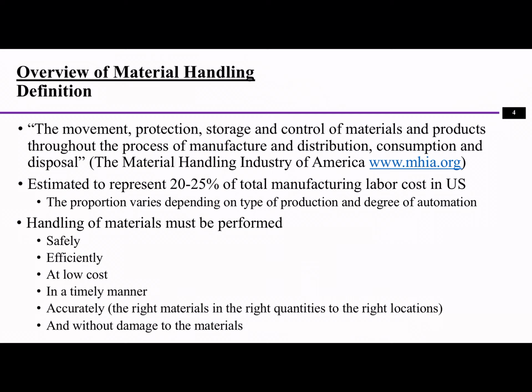Yearly, the estimated cost of material transportation is about 20 to 75% of all the labor costs in production companies. Well, this number really depends on the degree of automation you implemented in your factory.